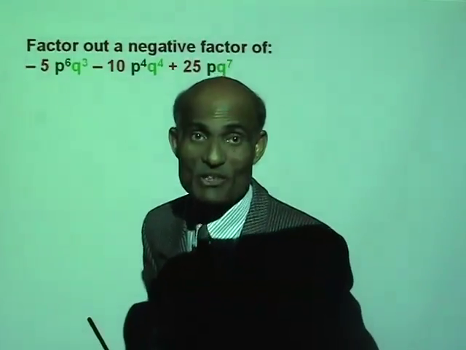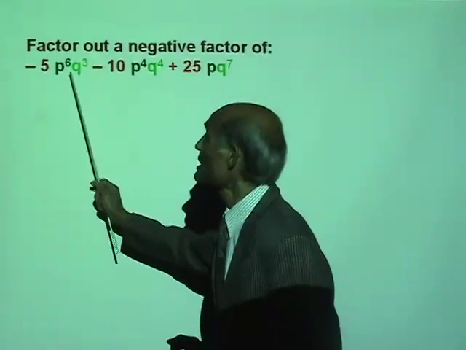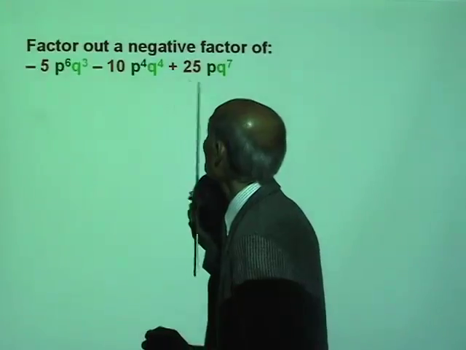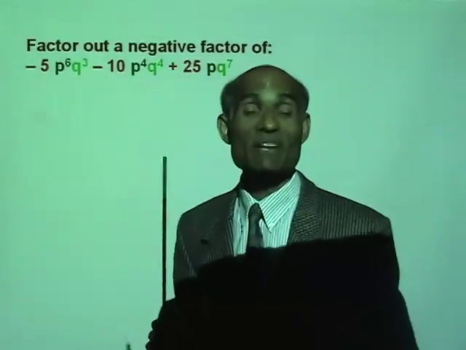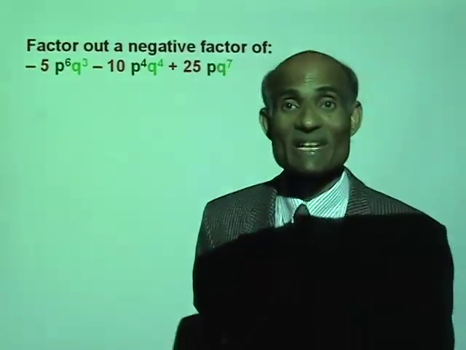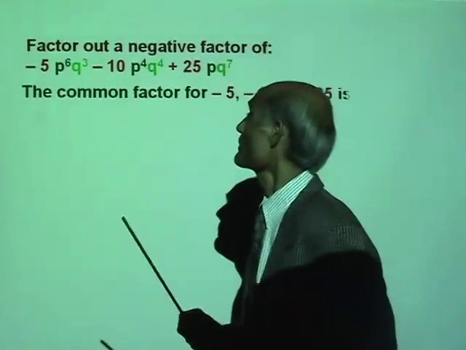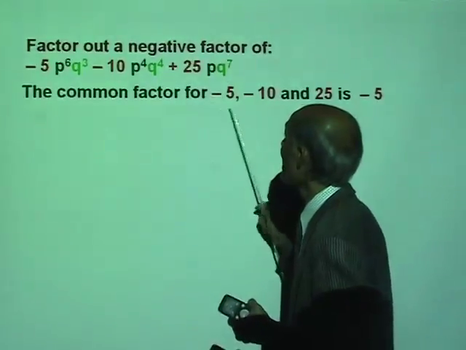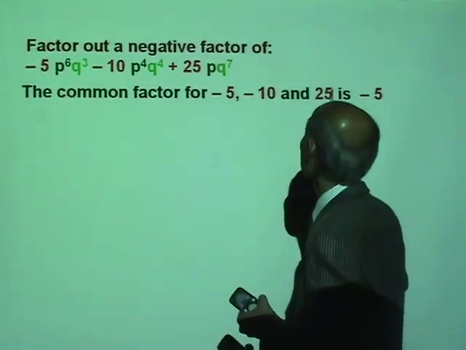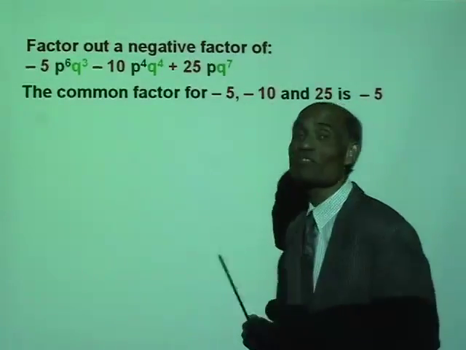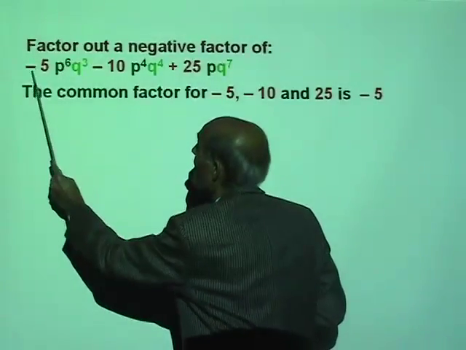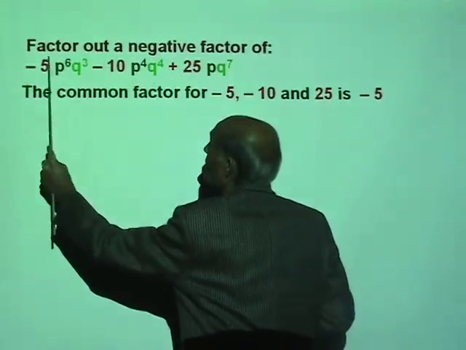Now, there are numbers, there are terms in p and terms in q. Let's identify the common factor in each of those. All right, the common factor of -5, -10, and +25. You see, we have taken each of these signs along with the number.